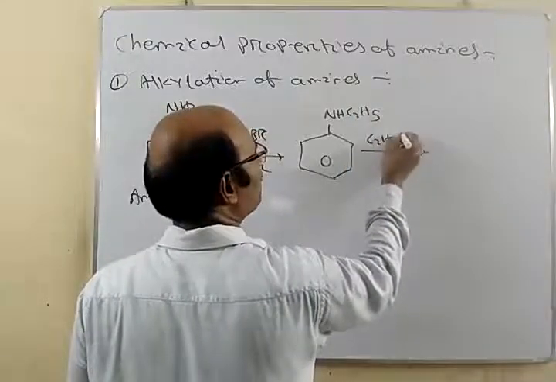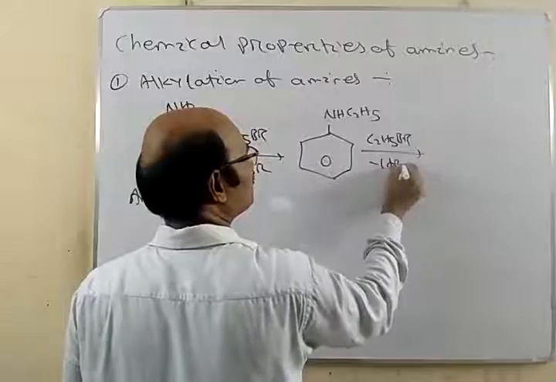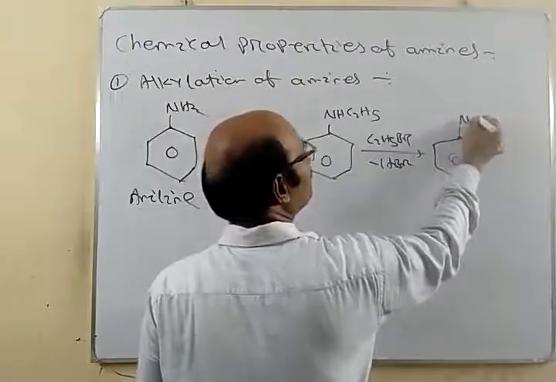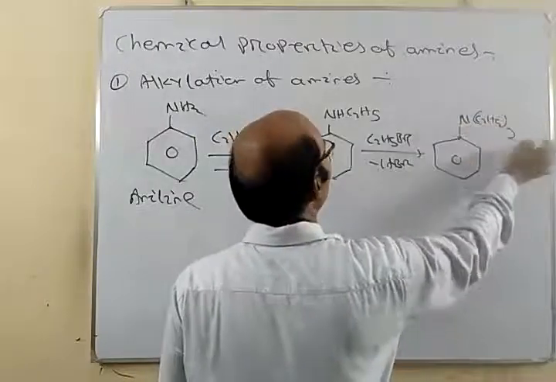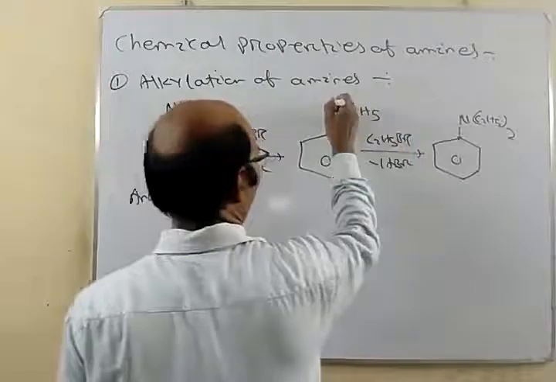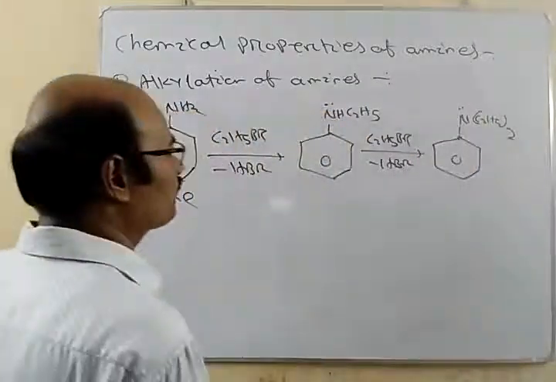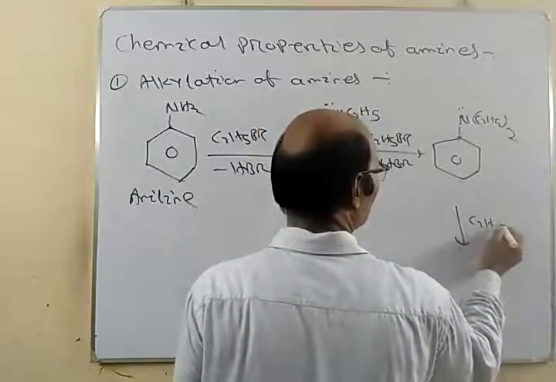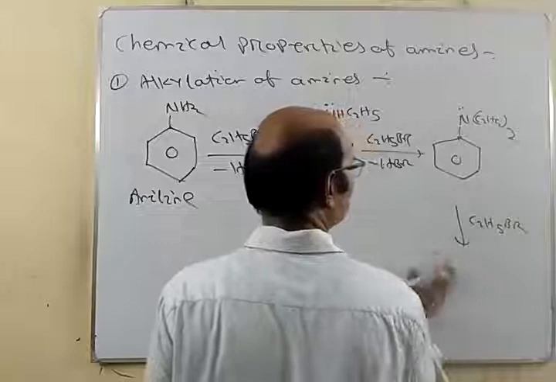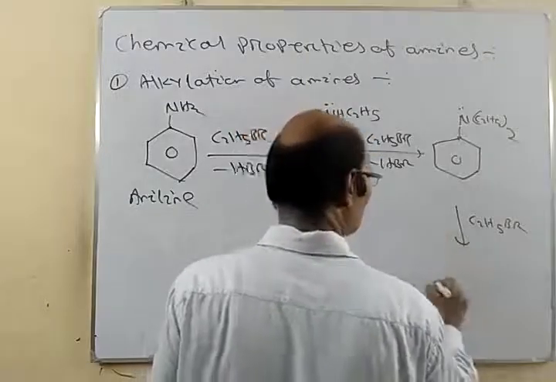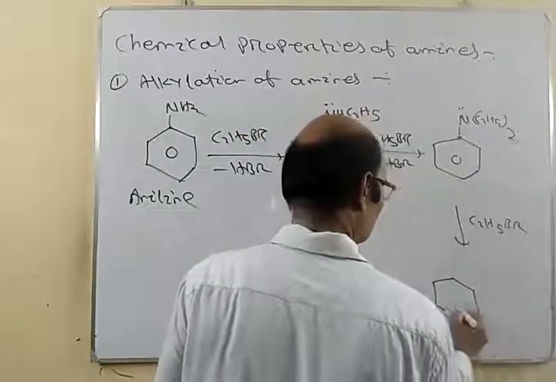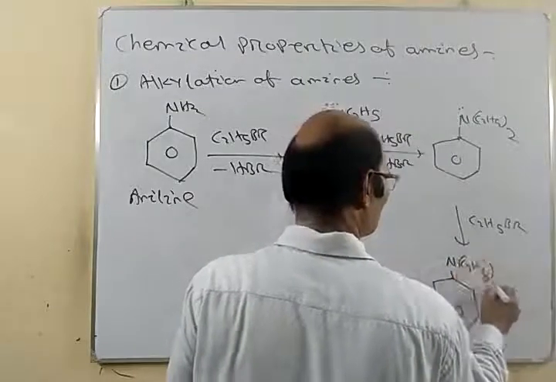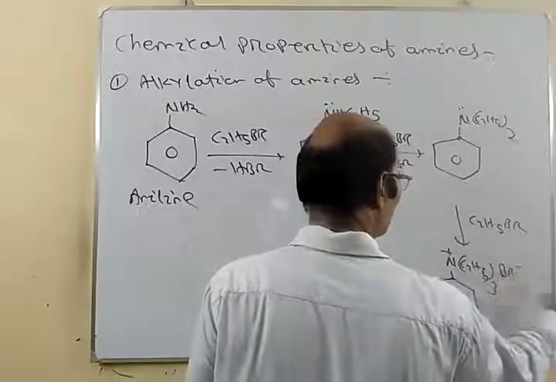Again C2H5Br, HBr removed, we get what? N(C2H5)2. Now again C2H5Br, and we get what? N(C2H5)3 plus Br minus.